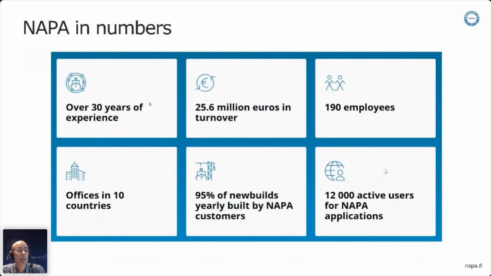An interesting fact is that approximately 95% of the new builds, yearly built, are built by NAPA customers. There are 190 of us working at NAPA, and the different NAPA applications which I was describing in the previous slide have approximately 12,000 active users.